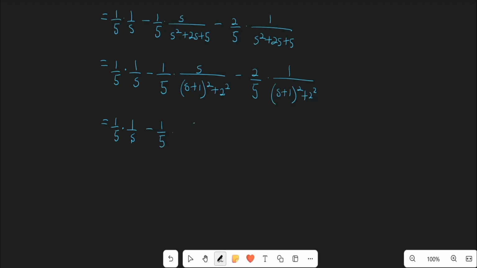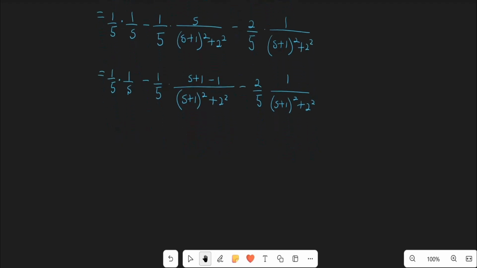And on top here, I'm going to have s plus 1, so that I'll conform with what I have at the bottom, but I have to take it away by subtracting 1. And I'm going to divide by s plus 1 all squared plus 2 squared, minus 2 over 5. Now I have 1 all over s plus 1 all squared plus 2 squared, like this.